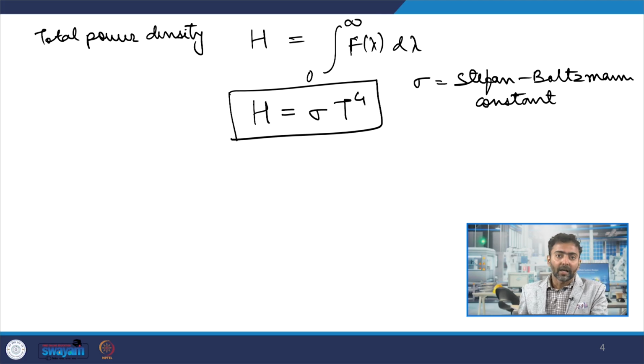So thankfully scientists have already worked on this and we need not rack our brains too much with those cumbersome equations of a spectral irradiation. We can directly use this H equal to sigma T to the power 4, this simple equation, for estimating the power density of any black body.